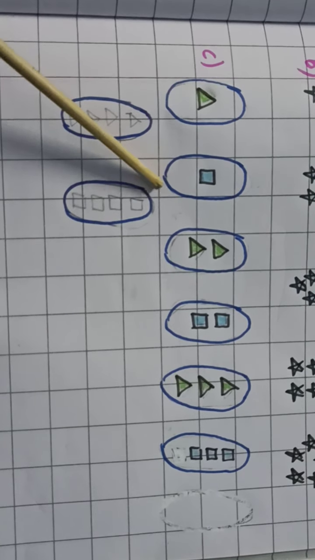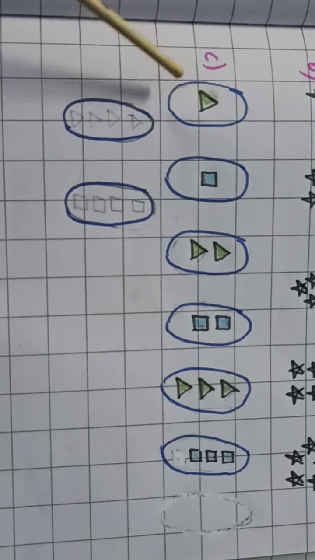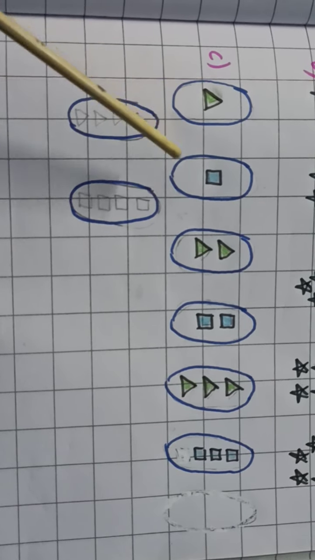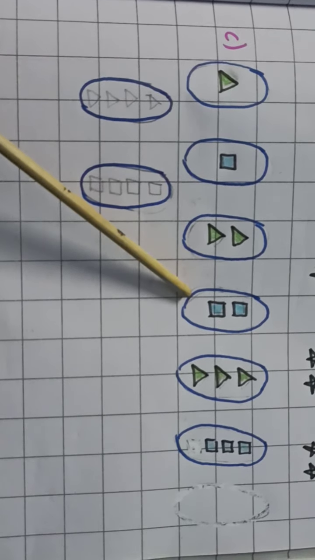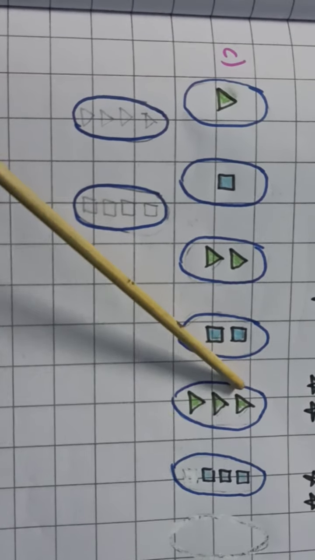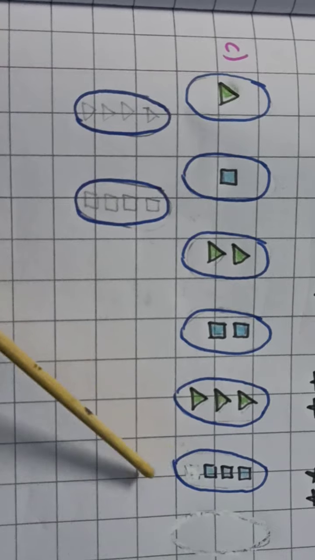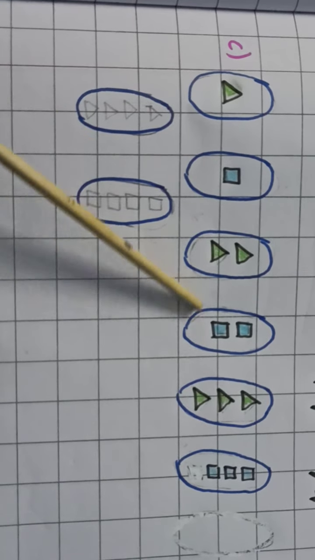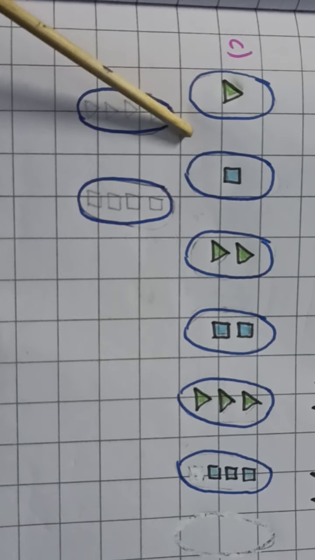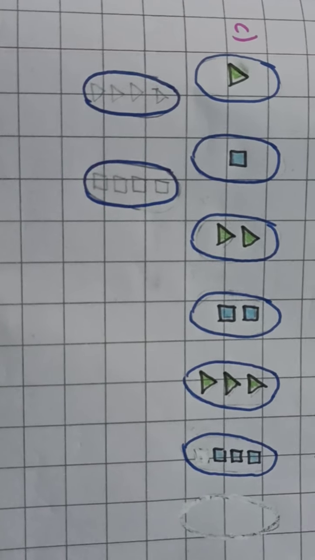Can you guess? See, we have one triangle and one square, two triangles and two squares, three triangles and three squares. That is the rule we use. Here we use 1.